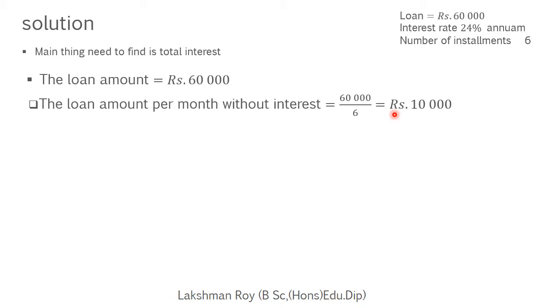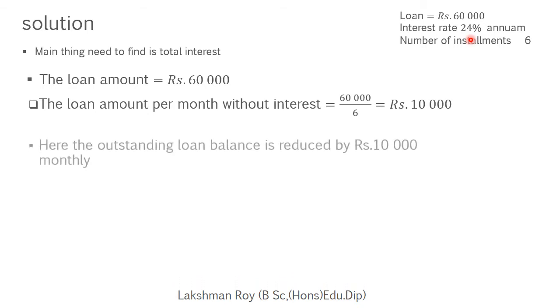So without interest, if he wants to settle the loan in 6 months, he should pay 10,000 each. But the only problem is there is an interest rate, so they charge interest. Now you have to calculate interest, but interest is calculated on the reducing balance.